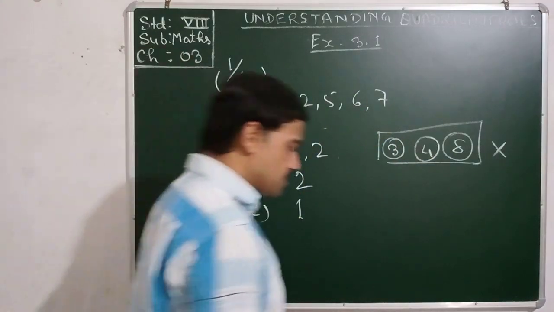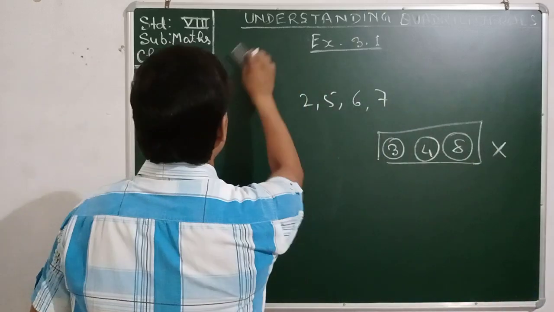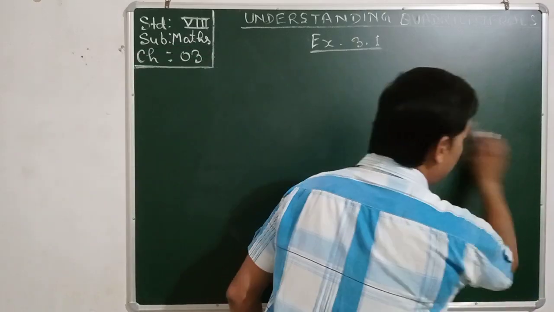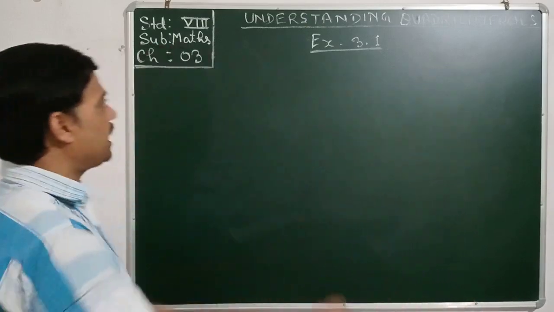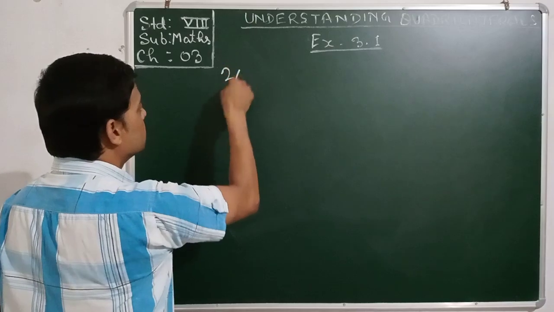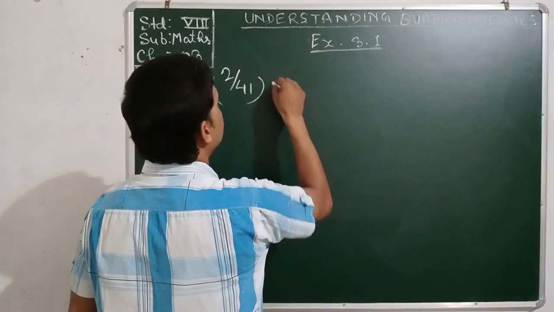Now come to the 2 number sum. In the 2 number sum, you are asked to find out the number of diagonals. And to find out the number of diagonals, it's very simple. Use this formula.